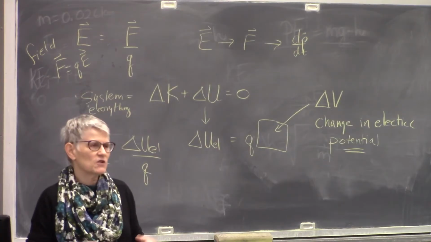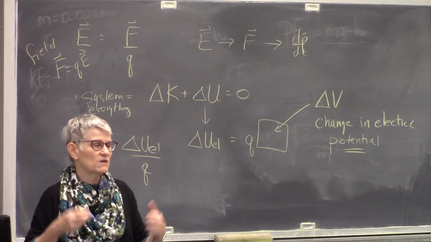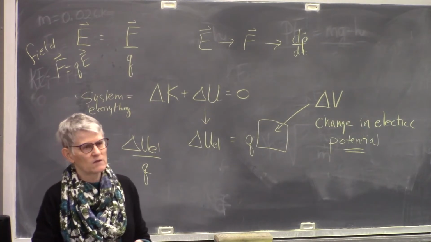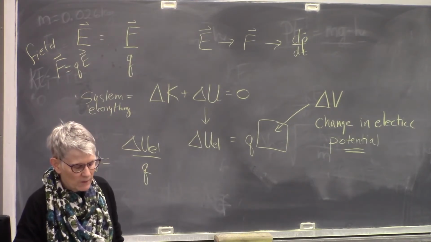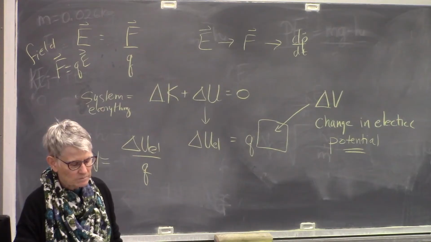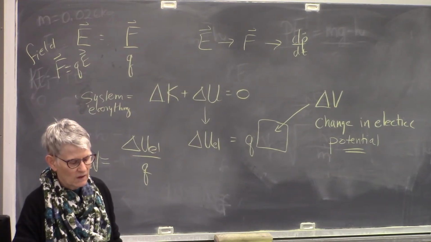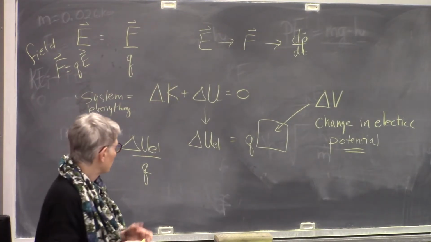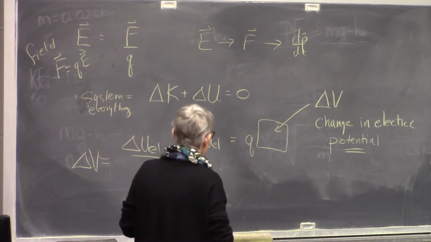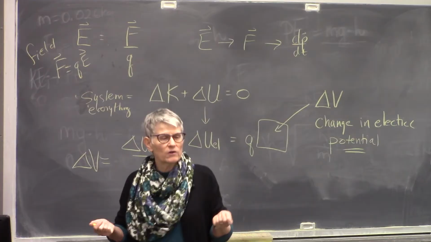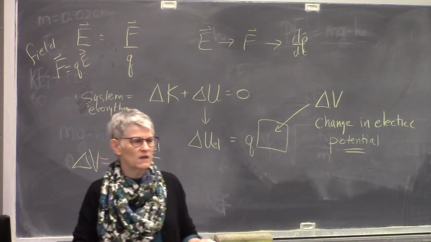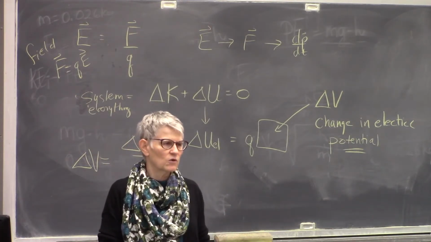It doesn't give us information about the detailed motion of things, but it does put a lot of constraints on what's possible to happen. So that's what we're going to be talking about for the next couple of lectures: exploring this concept of electric potential and getting used to working with it.